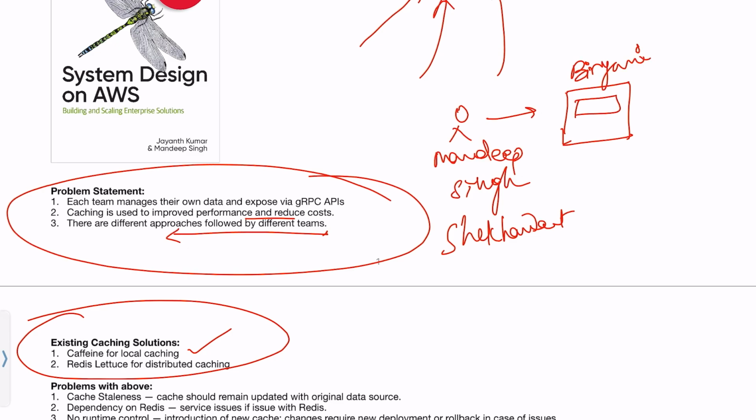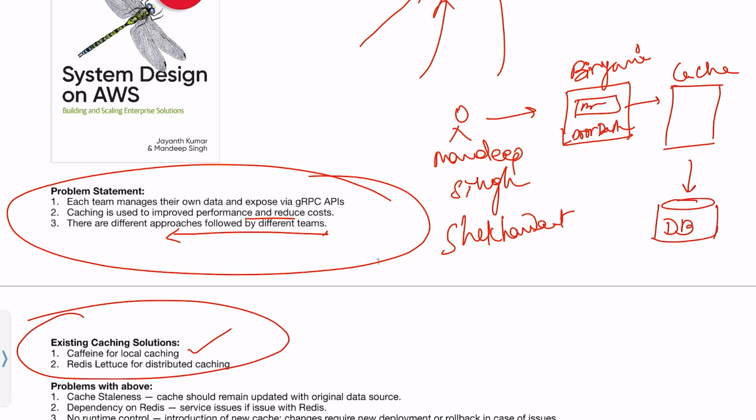So he goes and searches biryani on the DoorDash platform, and then the DoorDash platform looks for biryani near the location. First it checks in the cache. If it's not available in the cache, then it goes to the DB. So this is the first layer of cache in this architecture.